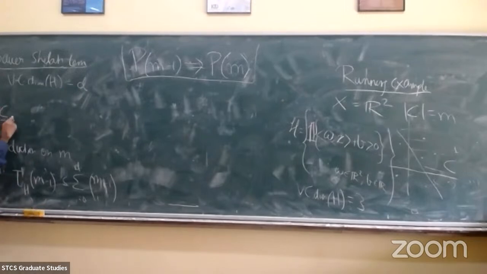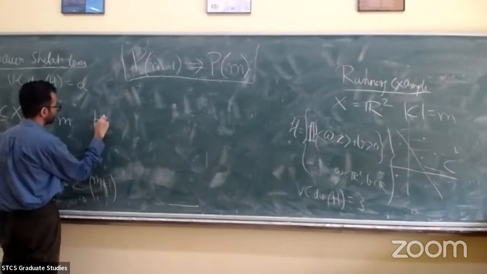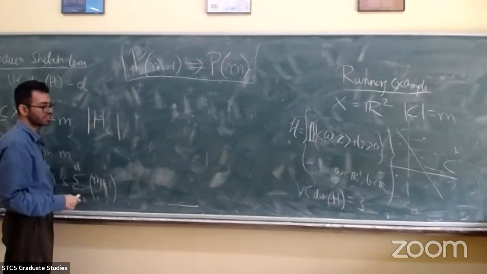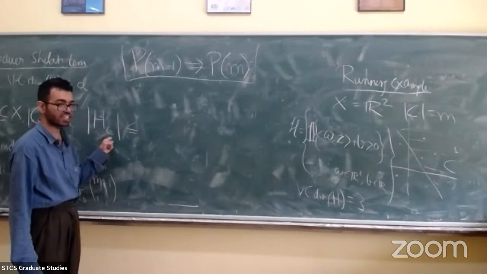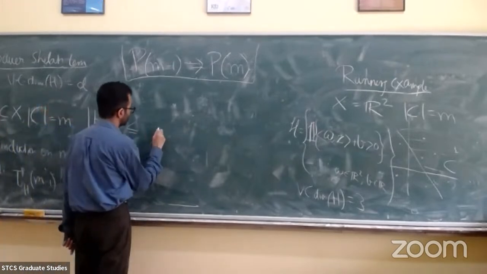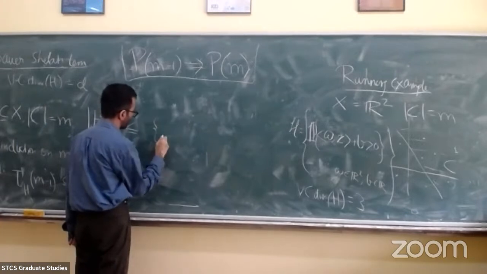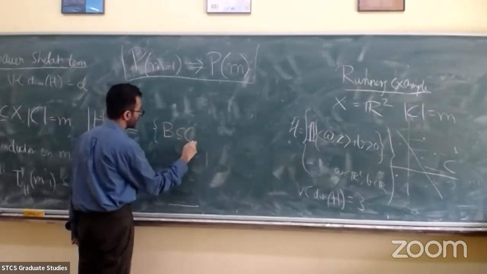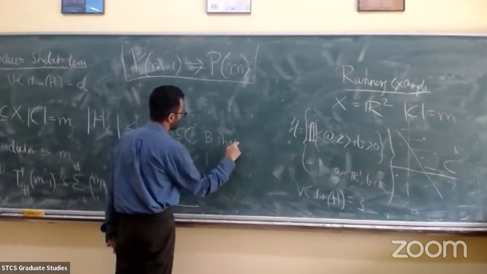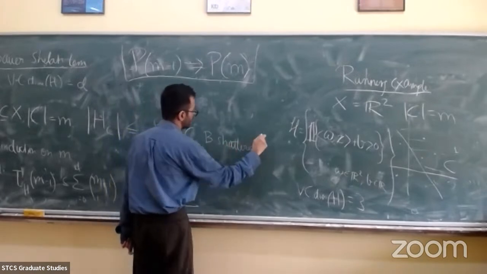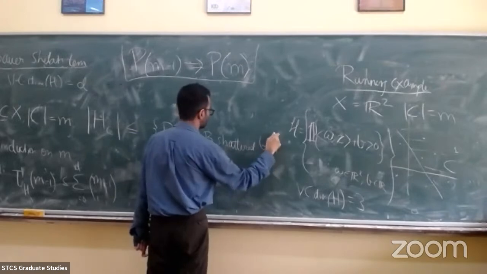For all subsets C of X, size of C equal to n, look at all the subsets of C. The size of H restricted to C, which is what you care about, is at most the number of subsets of C shattered by H. So look at the subsets B of C shattered by H.